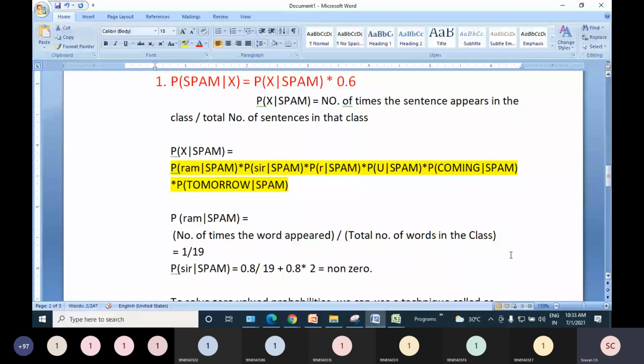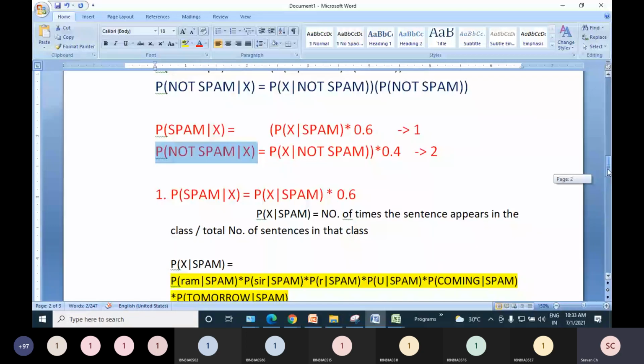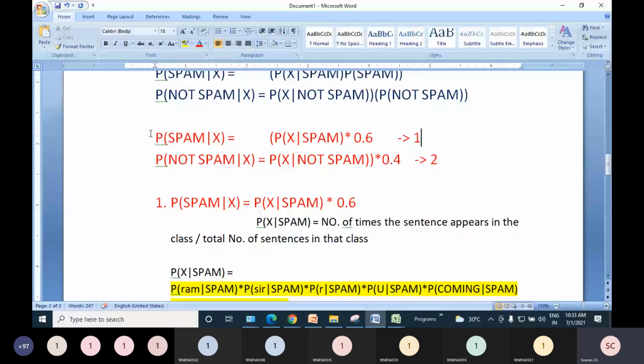And finally, I will get two values from equation 1 and equation 2. By looking at those two values, if the probability of spam is more than not spam, then I'll treat X as a spam message.